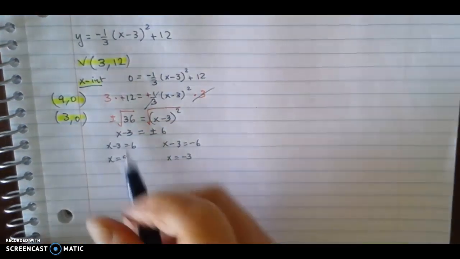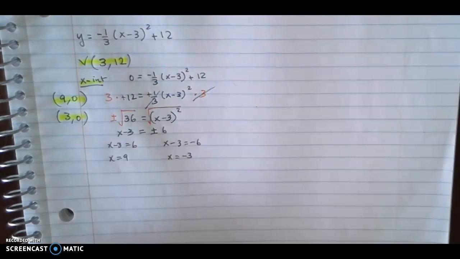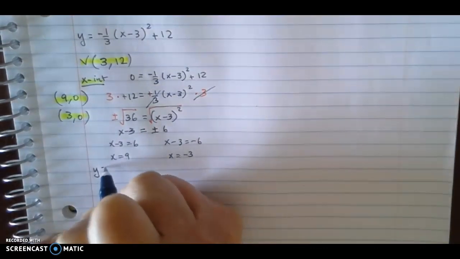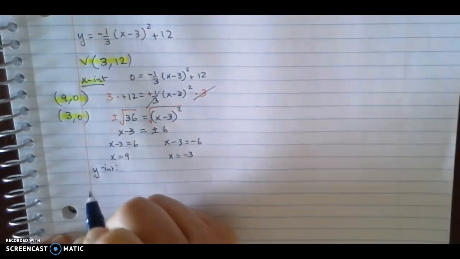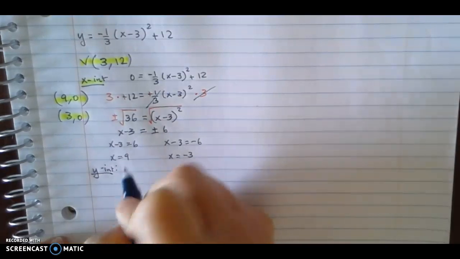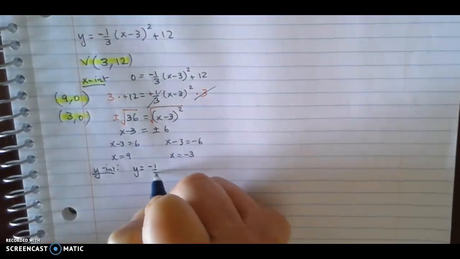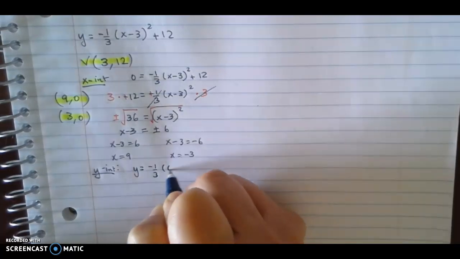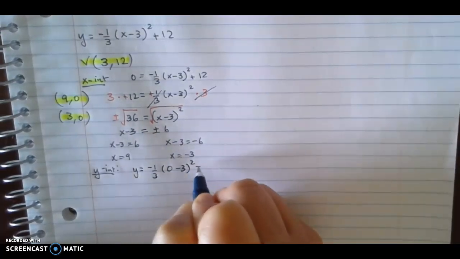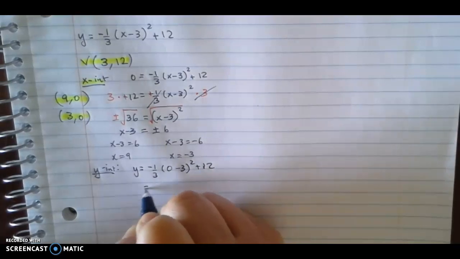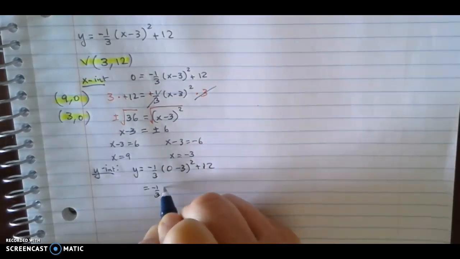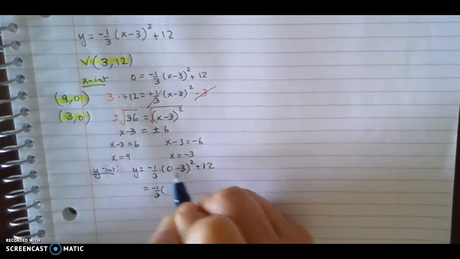Okay, now y-intercept. For y-intercept, we're going to set x to be 0. So y is equal to negative 1/3 times 0 minus 3 all squared plus 12. Negative 1/3 times, that's going to be negative 0 minus 3.